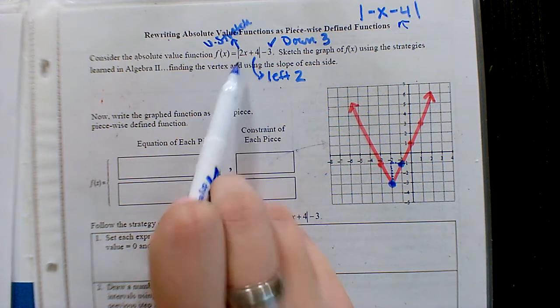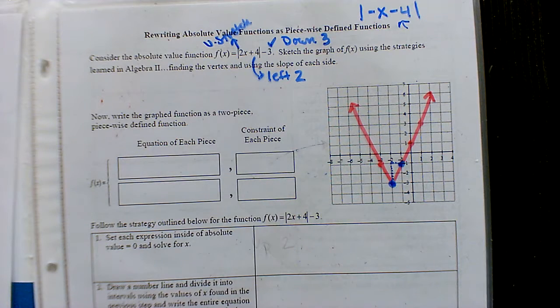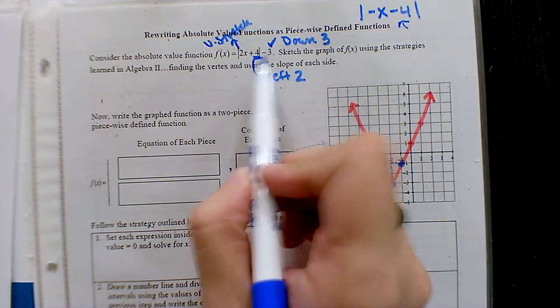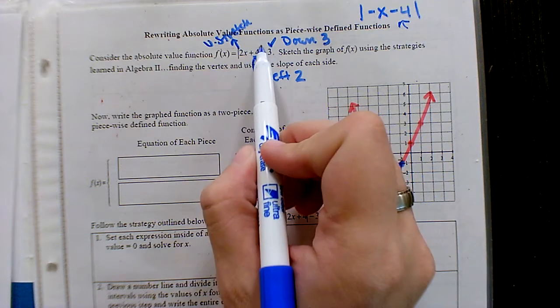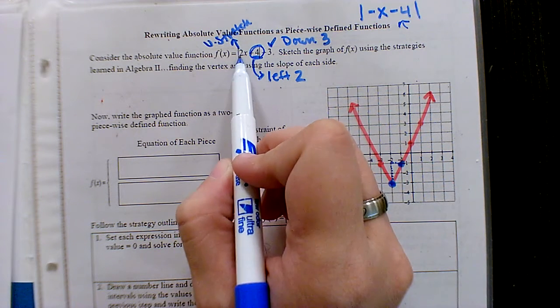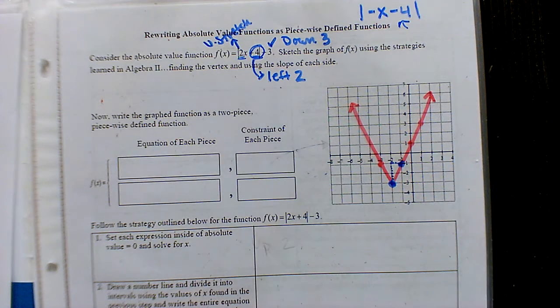Okay? The same thing's going on here. That vertical stretch is on the inside, which is affecting that left or right motion. And what's actually happening here is you have to take that left or right and divide it by that vertical stretch. Okay, that's where we're getting that 2 from.